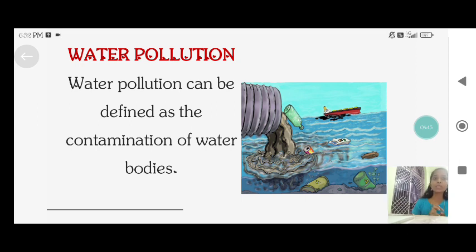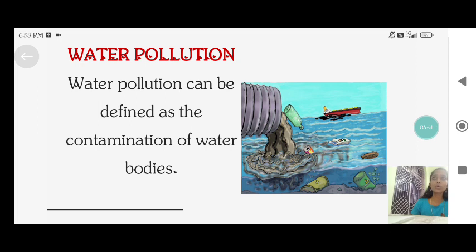This may affect both human beings as well as aquatic organisms. The aquatic organisms like fishes take plastic materials into their stomach, and what do humans do? We will be eating the fish.